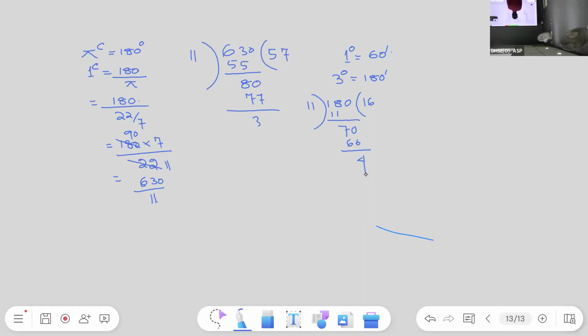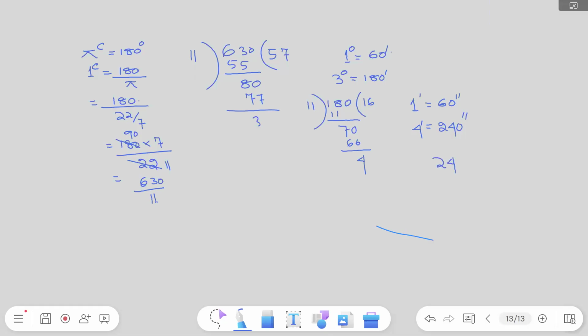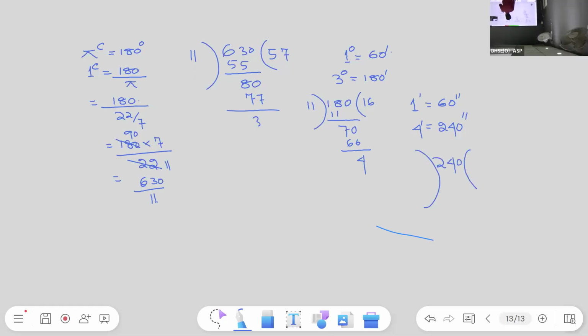We can't divide 4 by 11. Again, we have to convert it to a sub-unit. 1 minute is equal to 60 seconds, so 4 minutes will be 240 seconds. Now divide 240 seconds by 11. 11 twos are 22, 20.